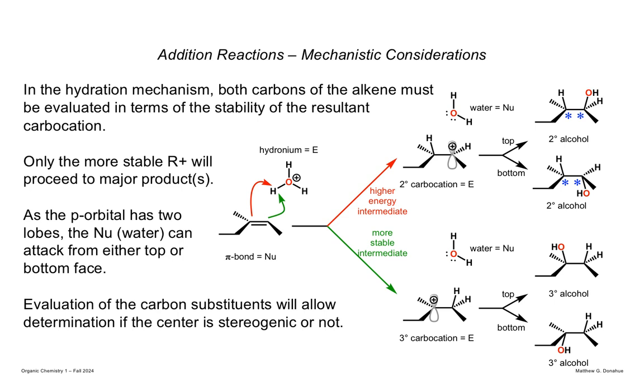So the bottom structure, the tertiary alcohol, whether you trap from top or bottom, you get the same thing. The top one, you're generating constitutional isomers, where each has two stereogenic carbons.